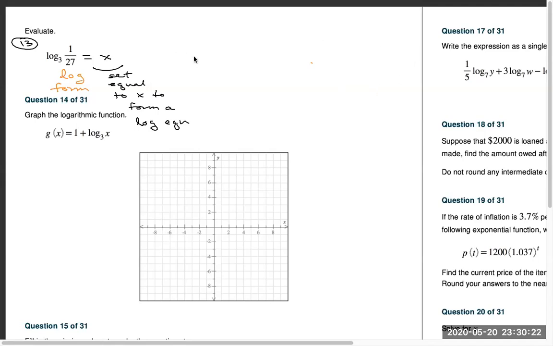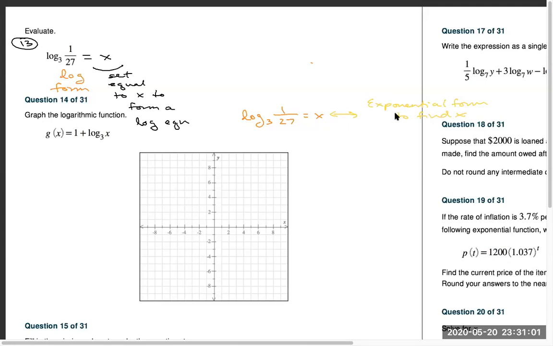Okay, now when you do that, note you have this log form, log base 3 of 1/27 equals x. Okay, and you're going to want to get this into exponential form to find x. Okay, because remember, you want to know what this is equal to. So you're setting this expression equal to x. Solve for x, and you'll know what the expression equals.